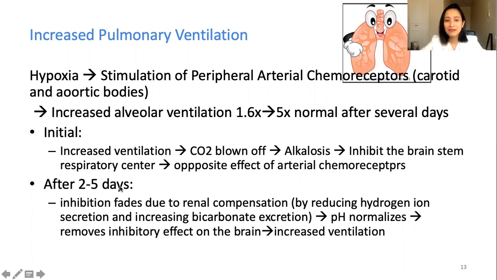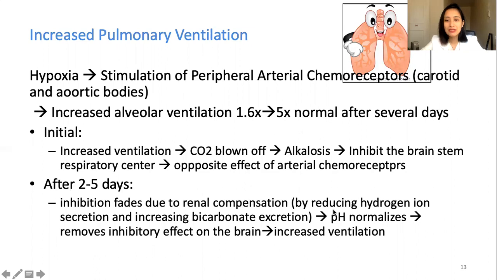After 2 to 5 days, as your body adjusts to the increase in altitude, this inhibition in the brainstem fades due to renal compensation to the respiratory alkalosis.